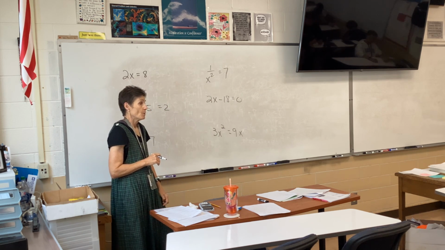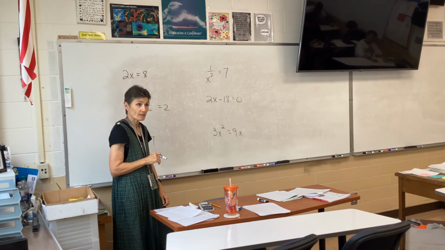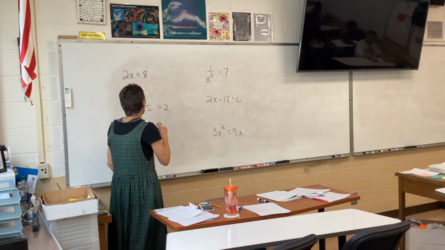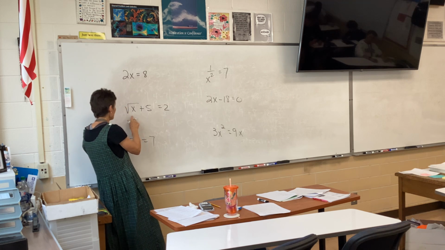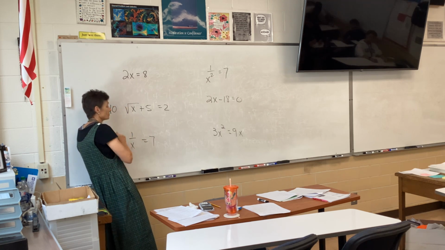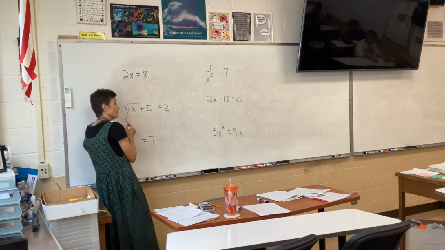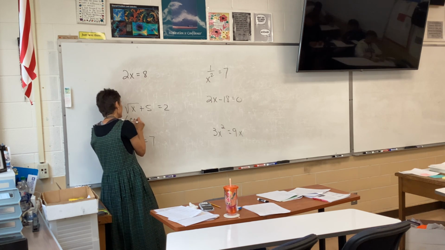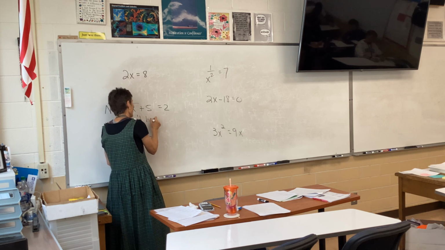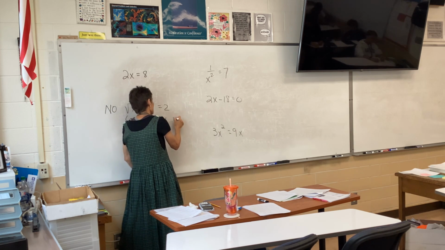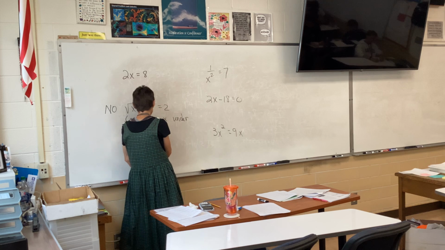Now, there are some rules about linear equations. This one is not a linear equation, so I'm gonna write no. And it's not a linear equation because you can't have x under a radical.